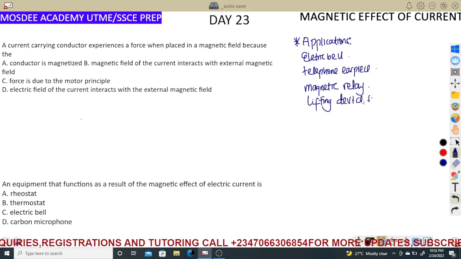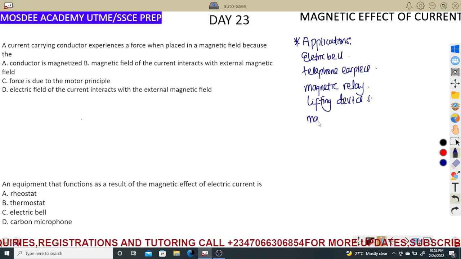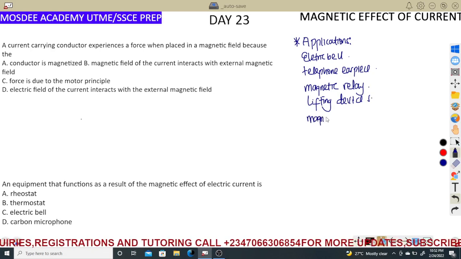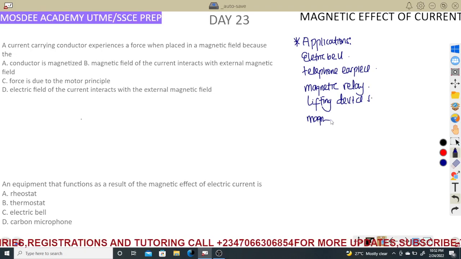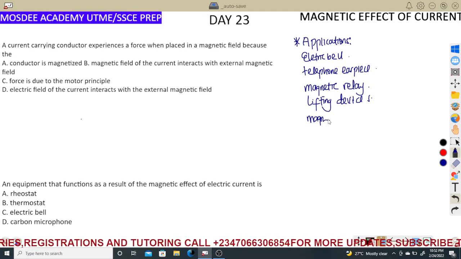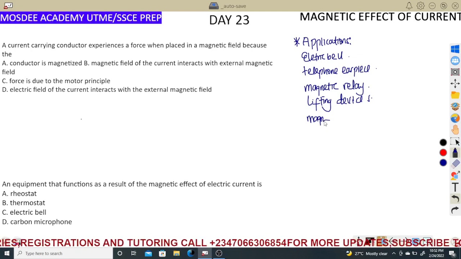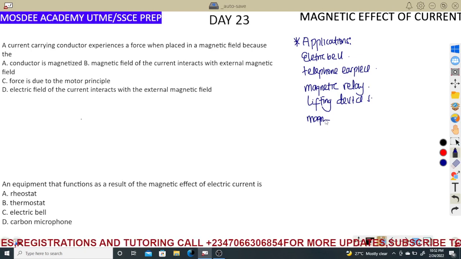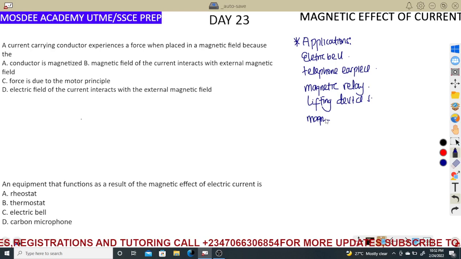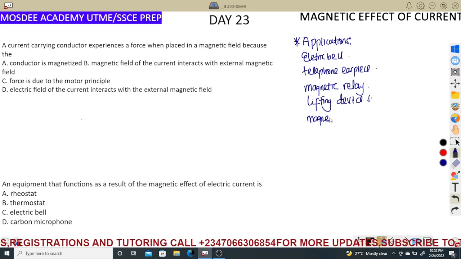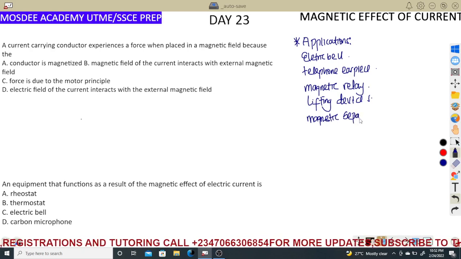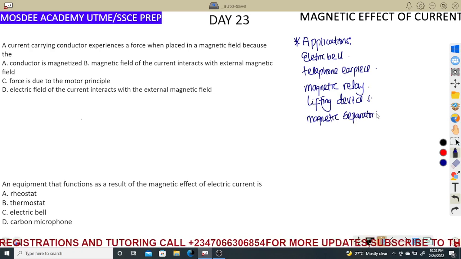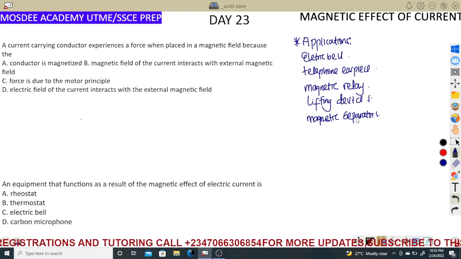You can talk about magnetic separators, and so on and so forth. So these are applications of what? The tendency of current behaving like a magnet, having north and south pole. So they obey the fundamental principle of this.